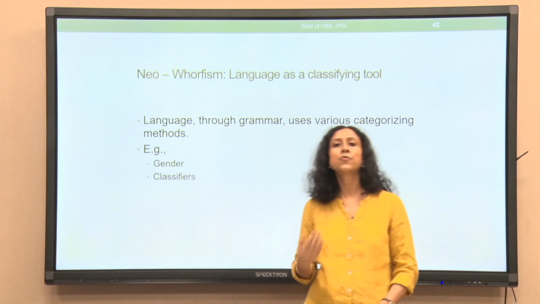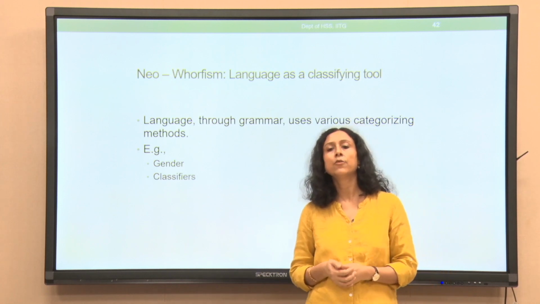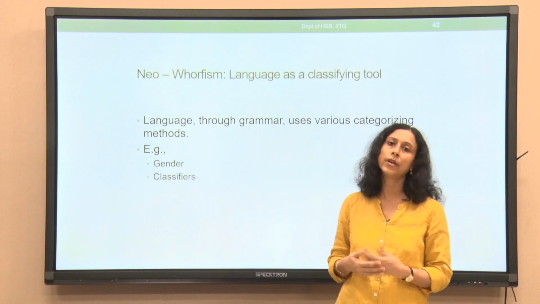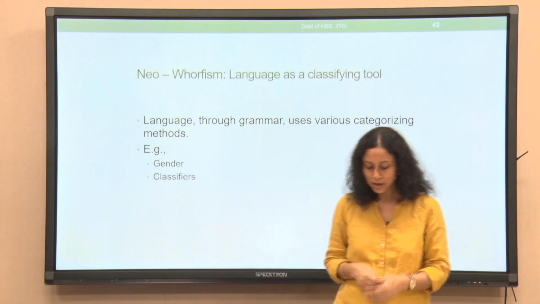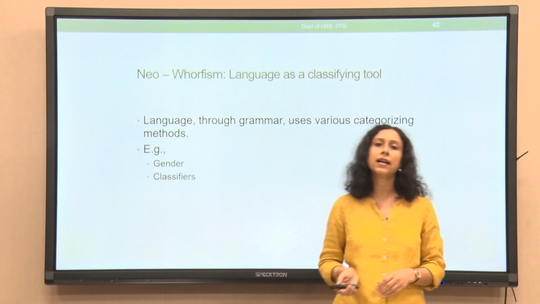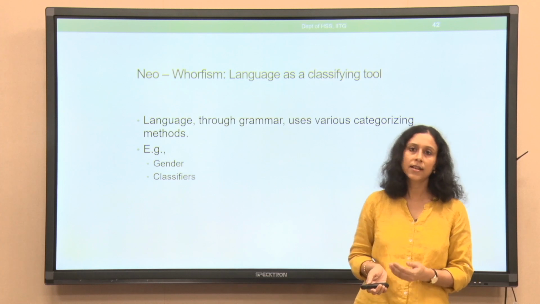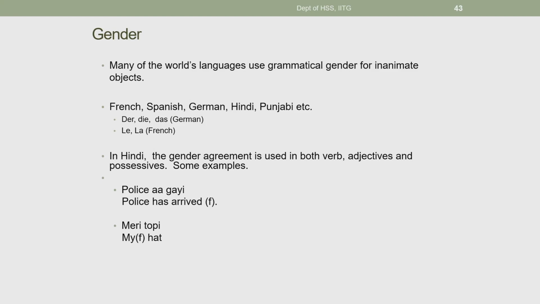This way of looking at language structure and connecting it with the human thought process, with the way humans create a world view, so to say, is called neo-Whorfism. Neo-Whorfism is a revised and newer version, a softer take on the same theory that language has a relationship with our mental processing, with our cognition.